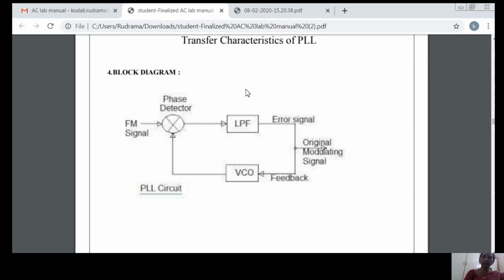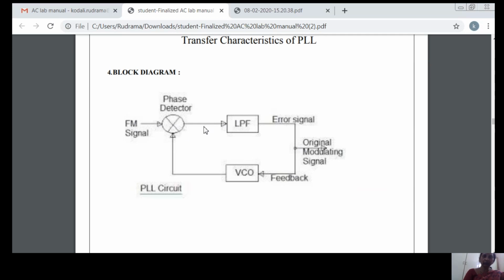This system is designed to some frequency, or we tune it to a frequency called the free running frequency, the original or system frequency. When this system is running at the free running frequency, consider for example 1 kilohertz.